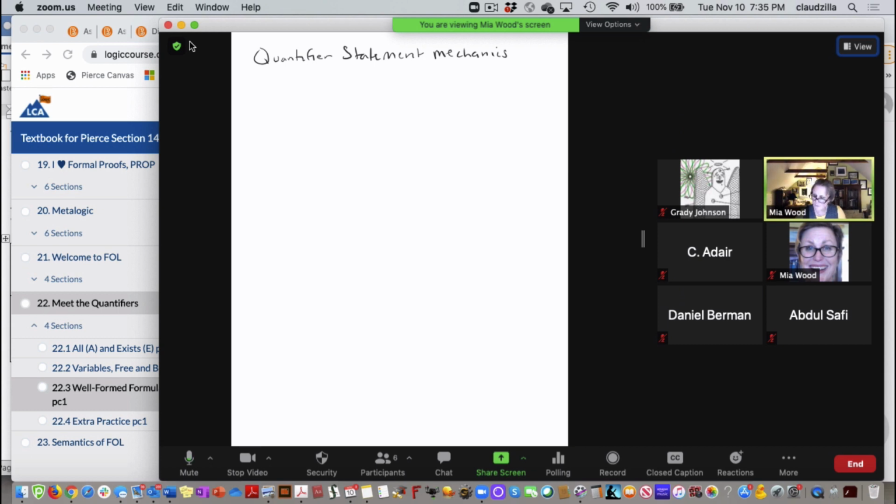So for the quantifier statement mechanics, what I have in mind is the following. The quantifier's scope is determined by parentheses.